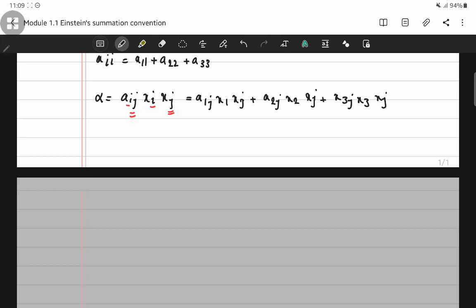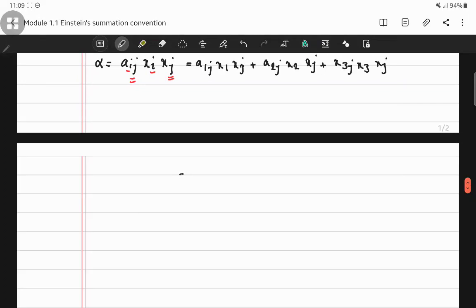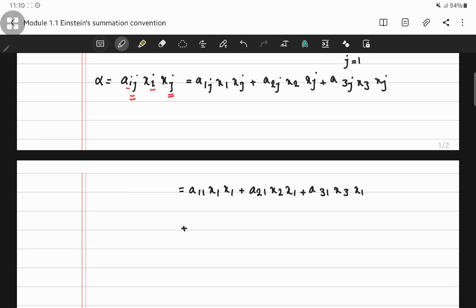Now it's time to switch to j. If j is equal to 1, then I will have a_11 x_1 x_1 plus a_21 x_2 x_1 plus a_31 x_3 x_1 plus.